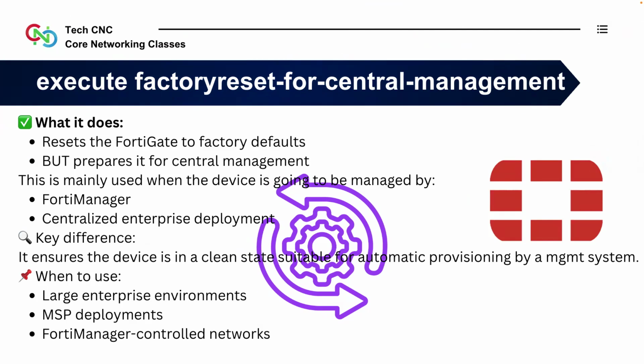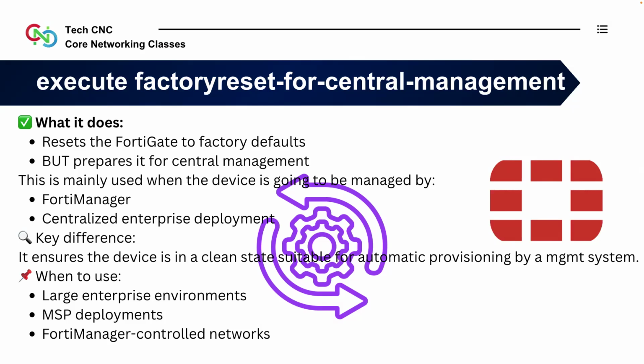It means, let's say you want to manage your box via the FortiManager, right? So at that time you can use the execute factory reset for central management command. This is how we can wipe out everything, and it will also prepare the box for the FortiManager. So it ensures the device is in a clean state, suitable for automatic provisioning by a management system.